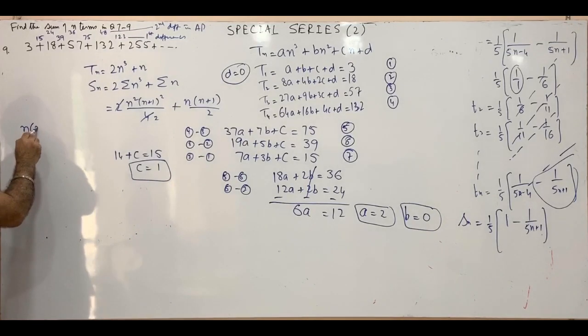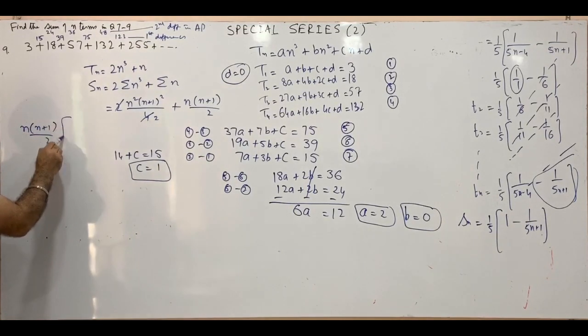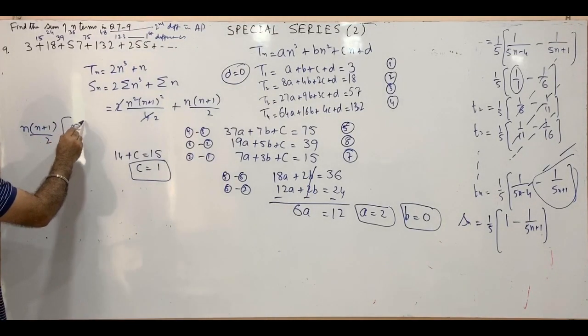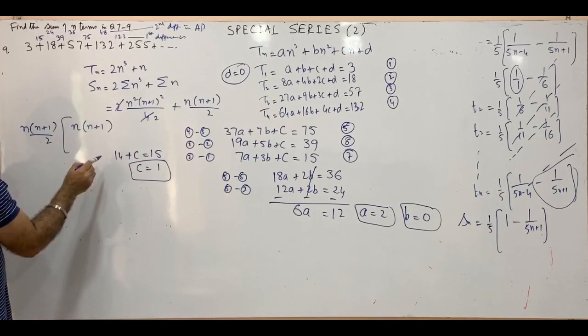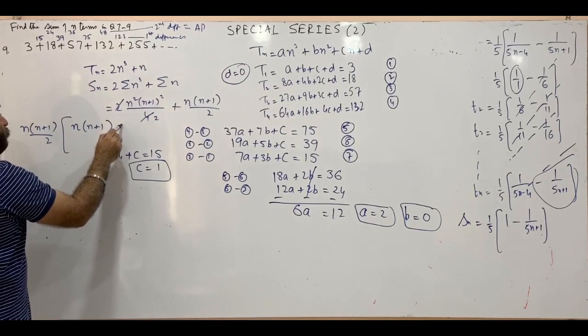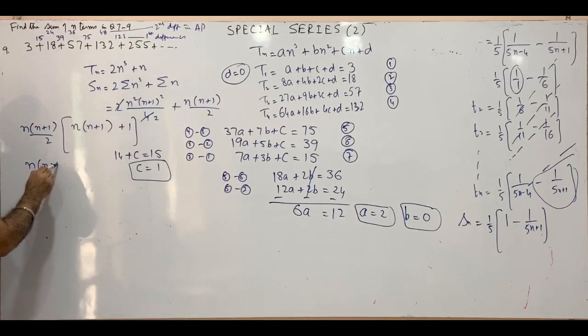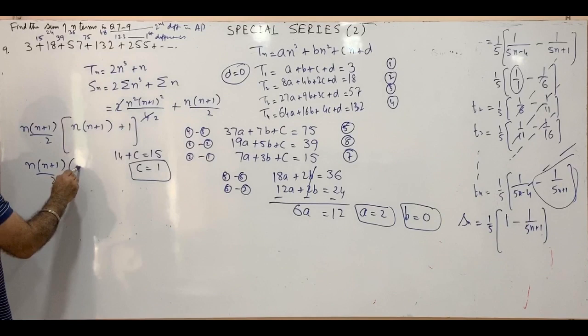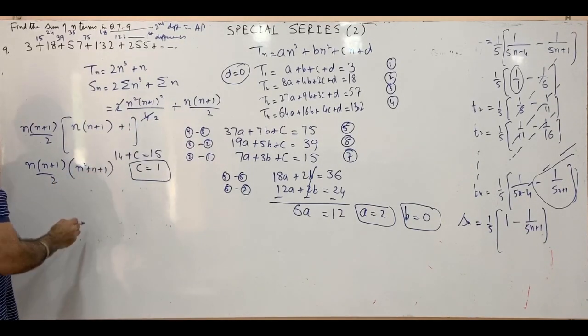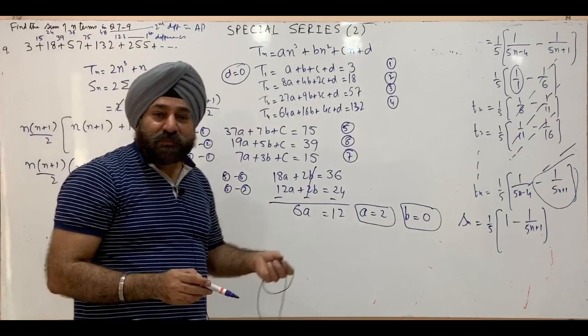Take n into n plus 1 upon 2 common. Inside, this is n into n plus 1 and plus 1. So that's n into n plus 1 by 2 into n square plus n plus 1. So this is the sum of n terms of the series.